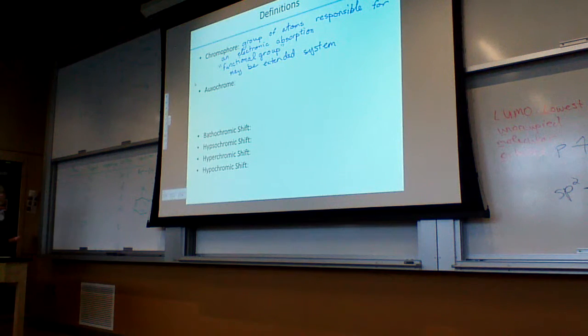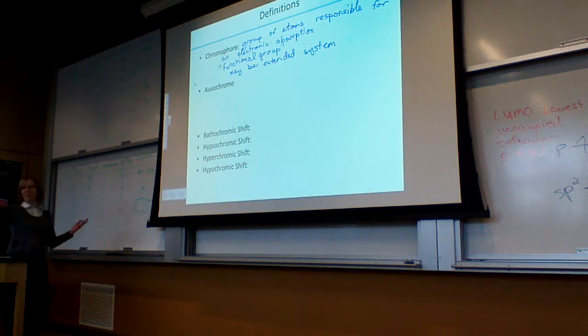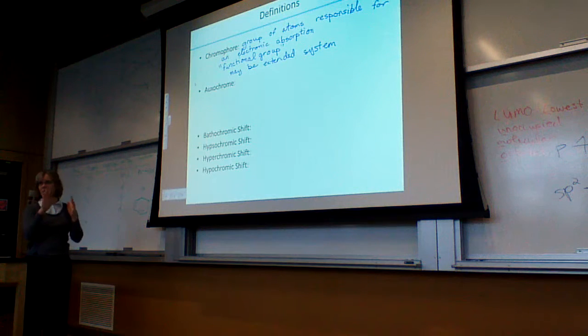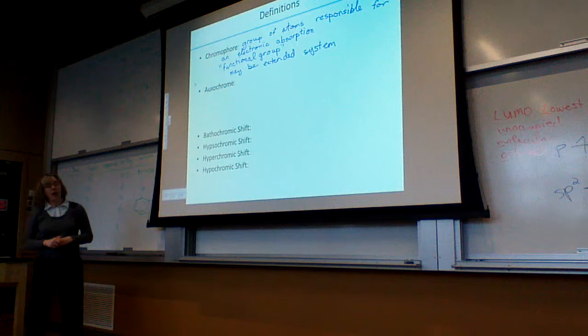One common example would be a really long chain of double bonds that are alternating double bond, single bond, so they're all conjugated. That's going to be kind of one chromophore. We just see one excitation in that one.